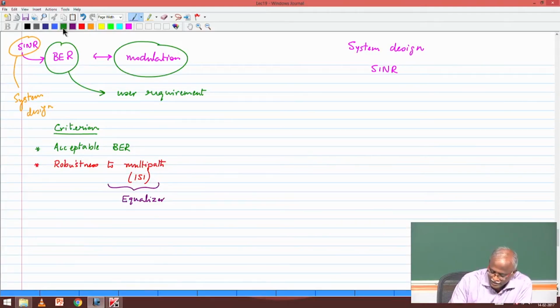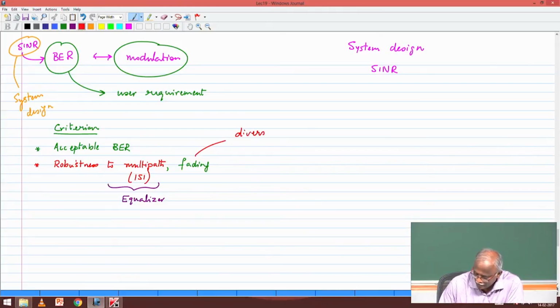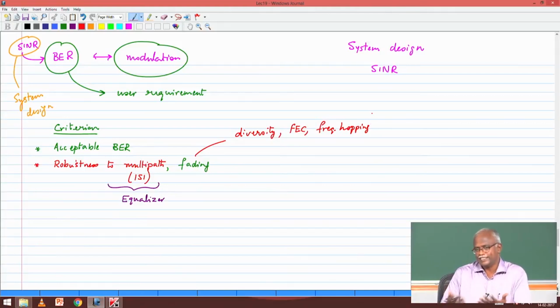In the case where there is no time dispersion, you will still have fading. So in the presence of fading, you should have good performance. You should have the ability to introduce diversity, different types of forward error correction, the corresponding decoding methods, frequency hopping maybe, whatever the techniques, and your modulation method must lend itself to these.